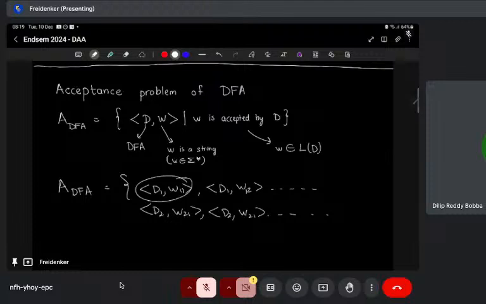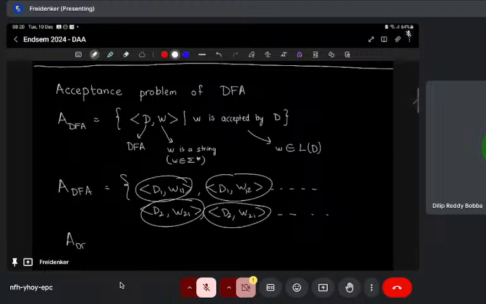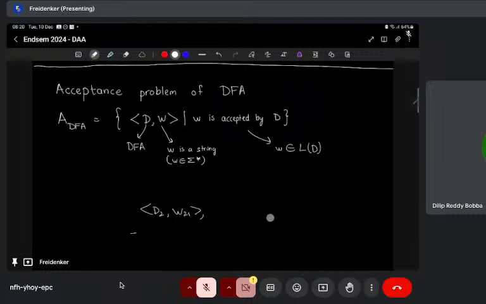If I convert each of these tuples into a binary string, then my ADFA becomes a subset of sigma star, and anything that is a subset of sigma star is a language, right? And if it's a language, it's a problem. So that is how it goes. Fine. So we defined something called the acceptance problem of DFA.